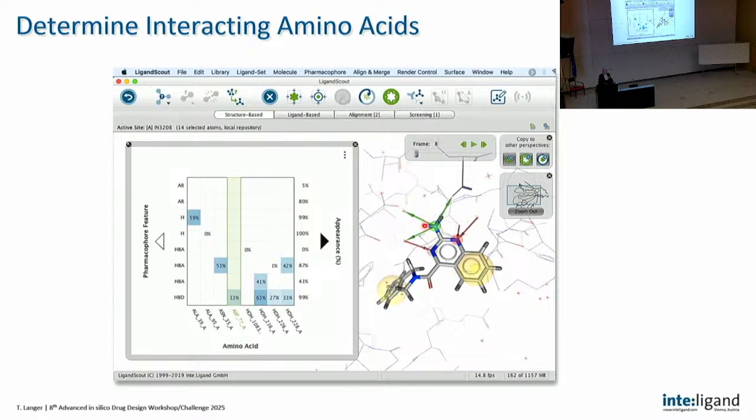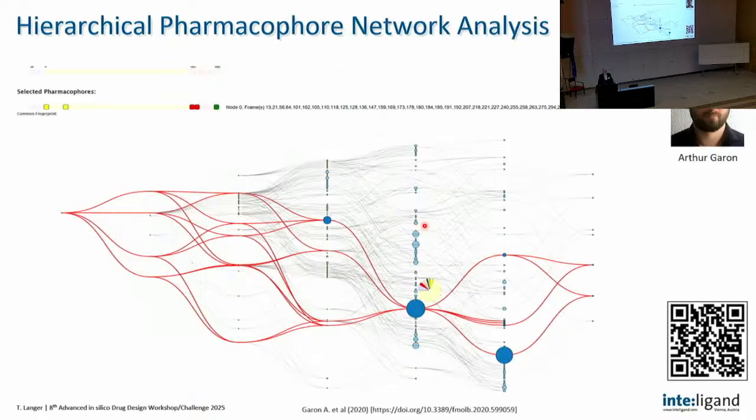And we can also look at which amino acids are doing the interactions with which pharmacophore feature. So this tool is even expandable to hierarchical pharmacophore network analysis. You can generate from such a trajectory a whole tree of pharmacophores and calculate the connections between them, right?